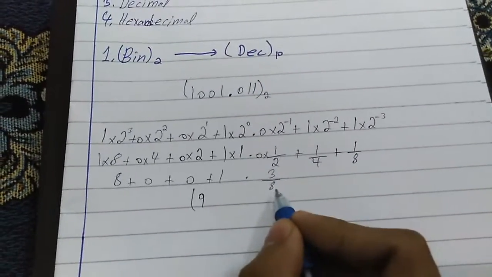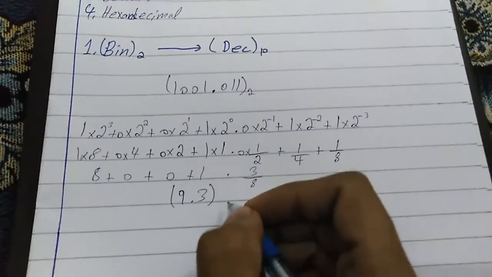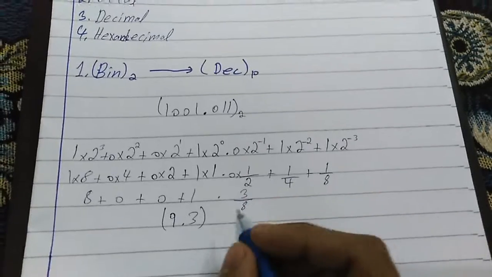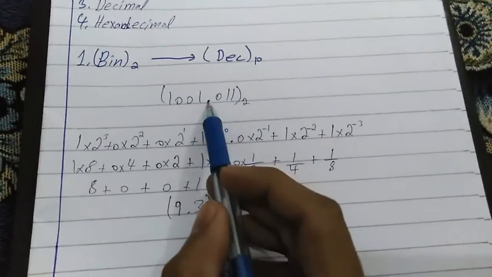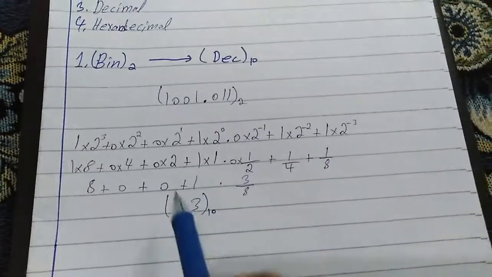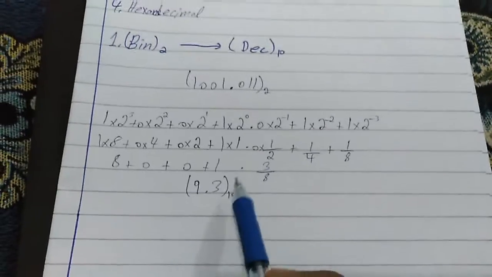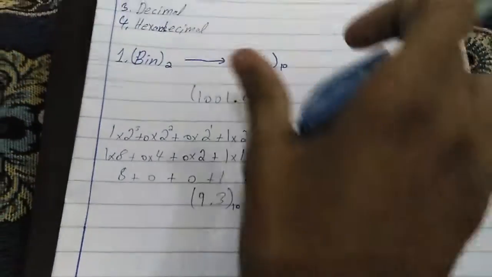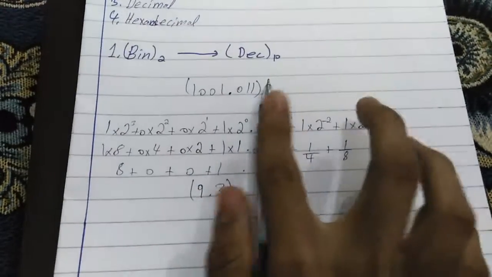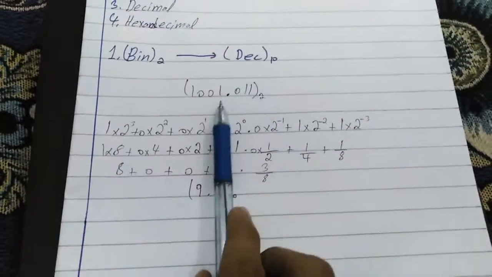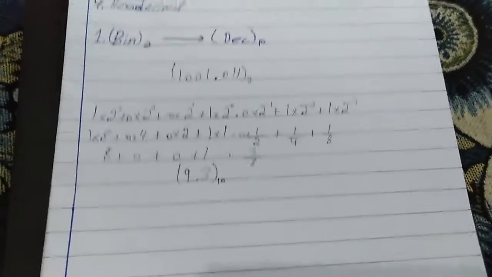Now 8 is ignored and we write 3 as the decimal number system value, and then this binary number with a decimal point is also converted to the decimal number system. See, it's very easy. If you don't have a decimal point, you simply solve like this. And if you also have a decimal point in your problem, you have to solve like this to get the answer.